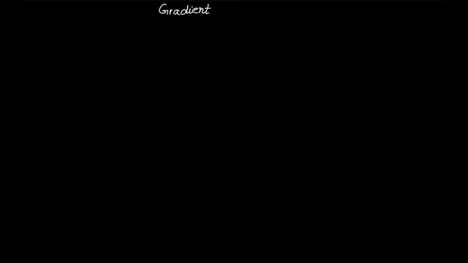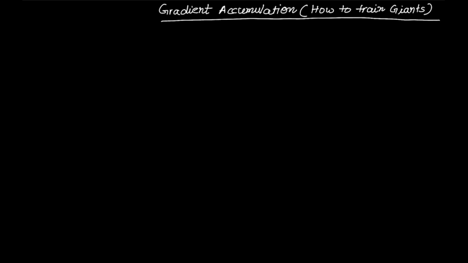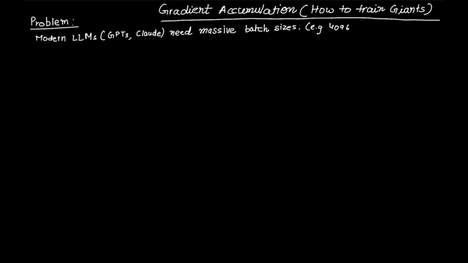Finally, a pro tip for the modern era of LLMs. We established that batch size matters. In LLM pre-training like GPT-4 or Llama, scientists discovered that massive batch sizes like 4 million tokens or batch size like 4096 stabilize training significantly.